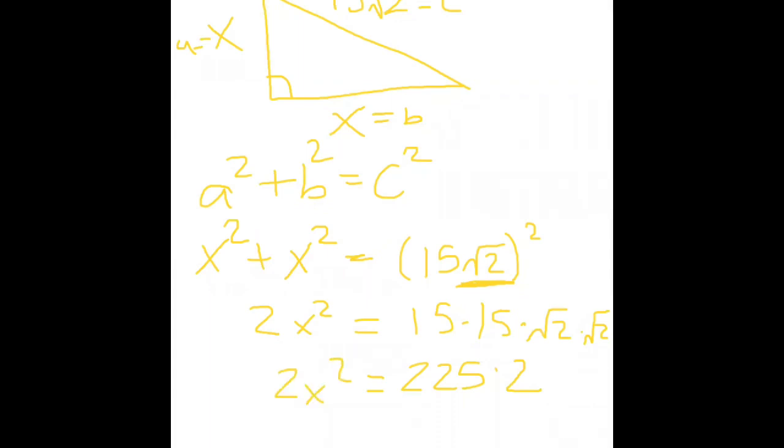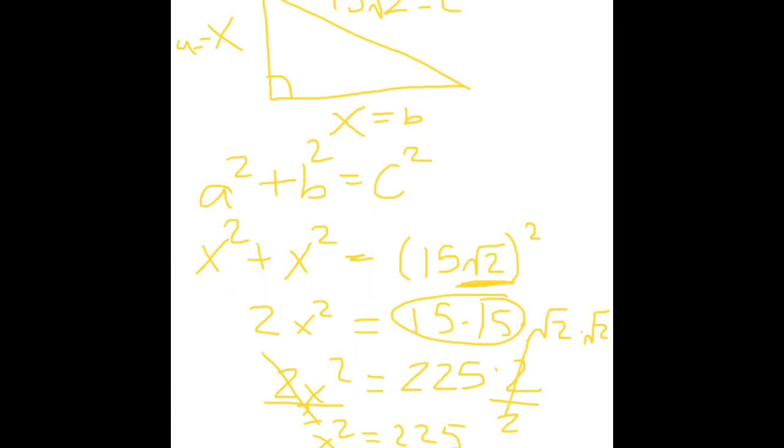Remember, you can divide each side by 2. I'm doing that before I actually multiply in because I see a 2 on each side, so I can just take it out. So now I actually have x squared is equal to 225. I know that's a perfect square from my own personal knowledge. x is equal to 15.